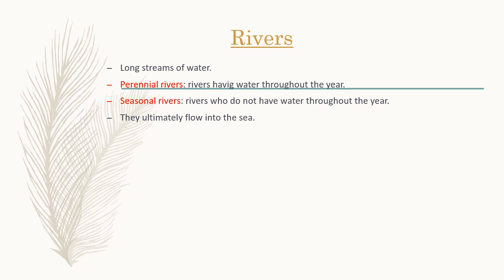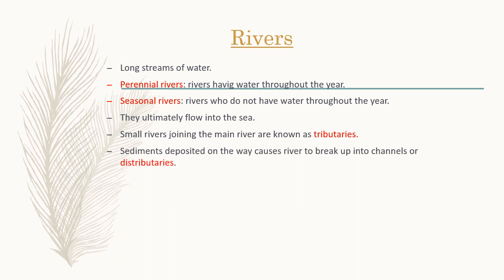Rivers ultimately flow into the sea. Small rivers joining the main river are called tributaries. Sediments deposited on the way cause rivers to break into many small channels, and these small rivers which come out from the main river are called distributaries.